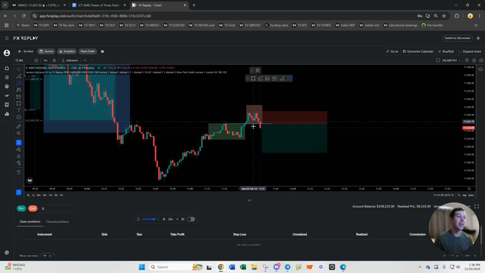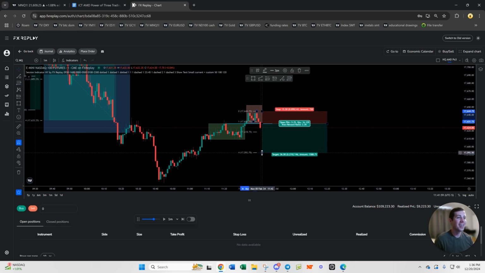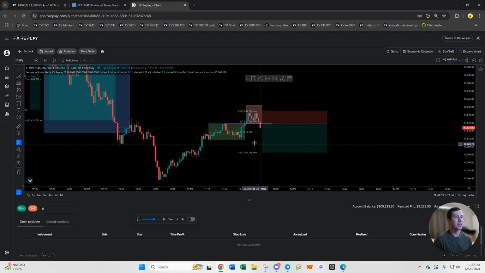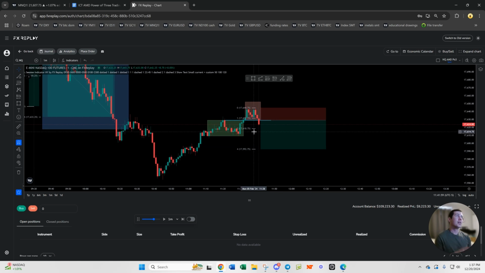So if you wanted to get cute, you could use this most recent level, but you're definitely going to have to target 4 standard deviations to get anything with that, which lines up with about 2.35 hours. So we can do that. In general, a good rule of thumb for the standard deviation measurement is to look for the most extreme wick of the manipulation leg, and then look for whatever high or low preceded that.